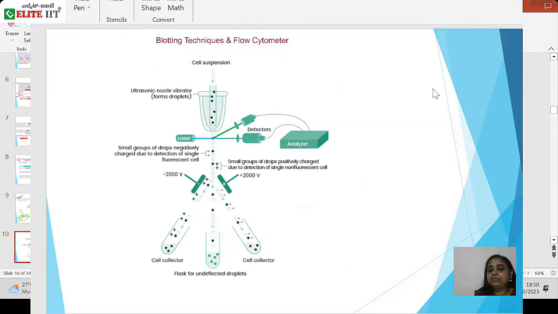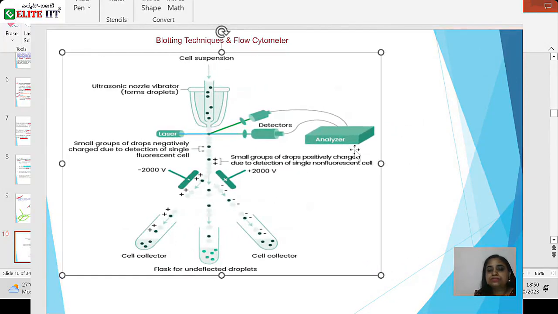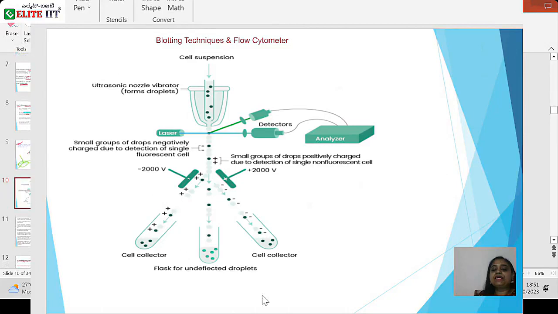Cell suspension, ultrasonic nozzle vibrator forms the droplets. Now laser light is going on one by one particle. Two types of detectors are there. And finally you can collect the sample also. If you add the positive and negative electric field, what will happen, you will collect your sample.